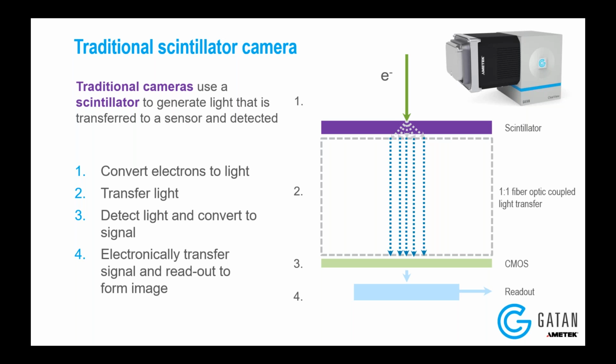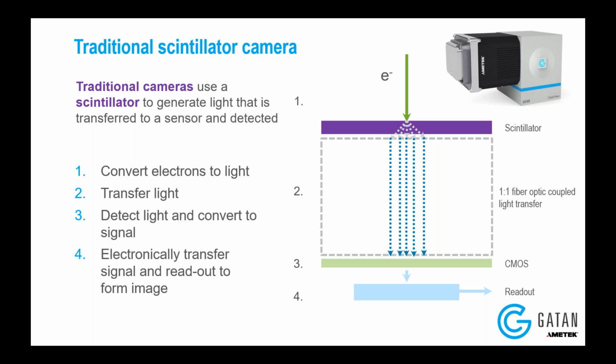It's a very good way of working with high doses on the camera, but at times, especially in comparison with a direct detection camera, there is a lack of sensitivity, especially in the case of low dose experiments, that comes from sometimes inefficient light transfer from the scintillator to the CMOS sensor.